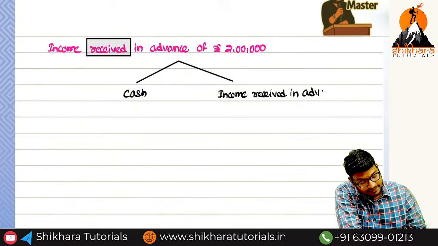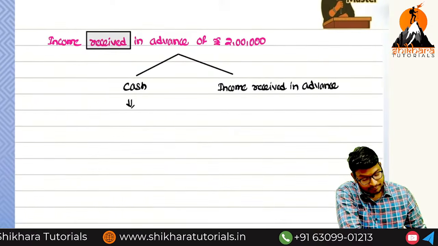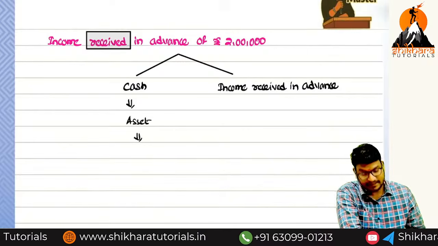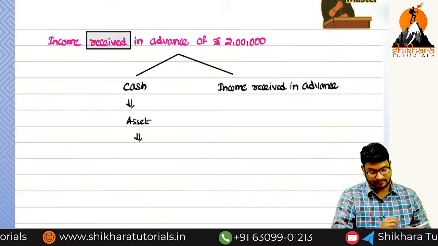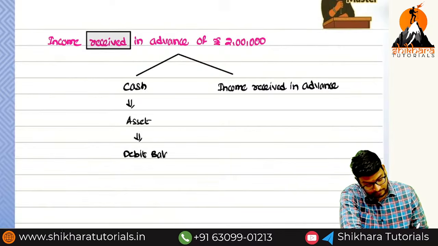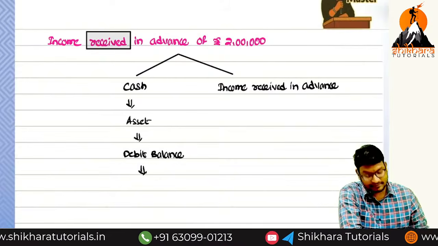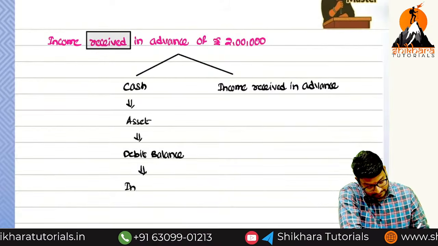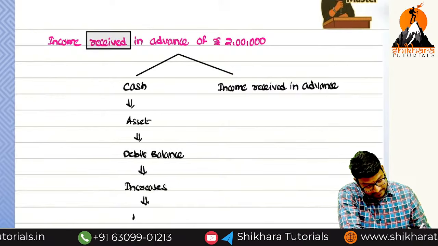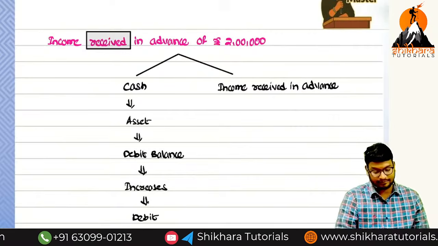First of all, cash is an asset or a liability? Asset. Asset will have which balance? Debit balance. Now cash comes in or goes out? Received means comes in, so it increases. Now if the debit balance increases, what we have to do? We have to debit itself.